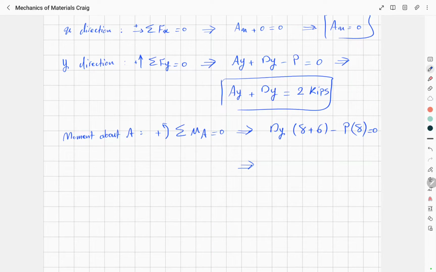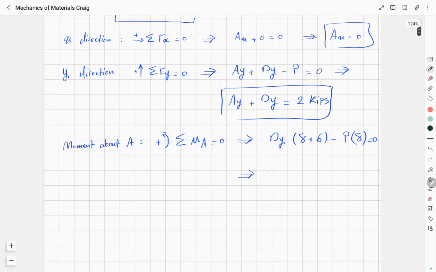And we know P is equal to 2. So we have DY multiplied by 14 is equal to 16. So DY would be equal to 16 over 14, or 1/14 kips.